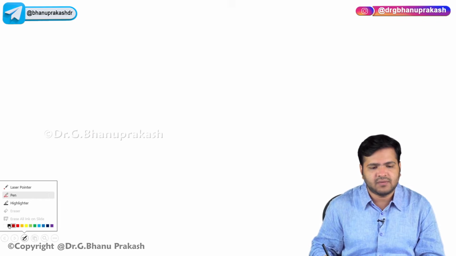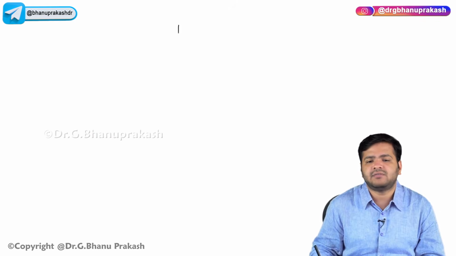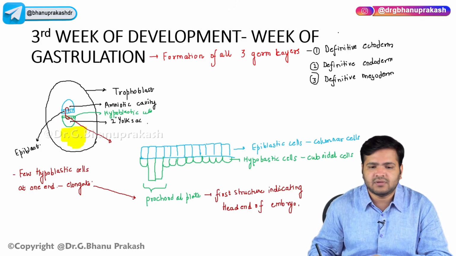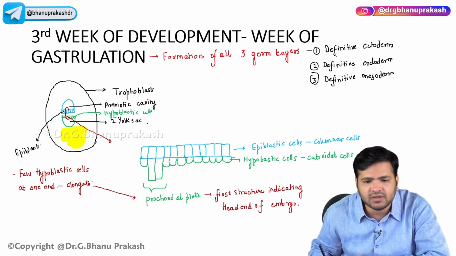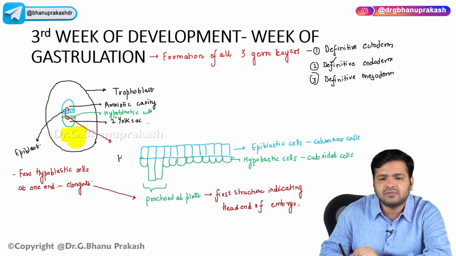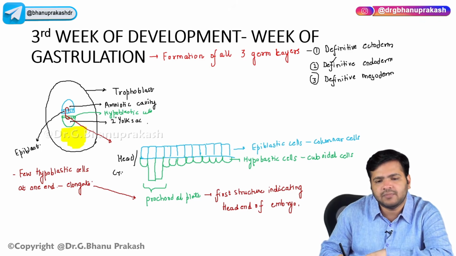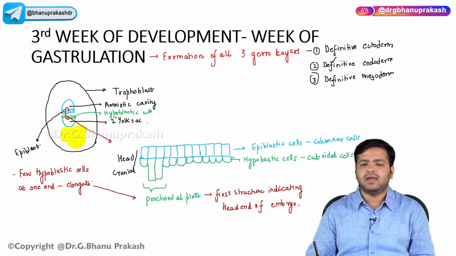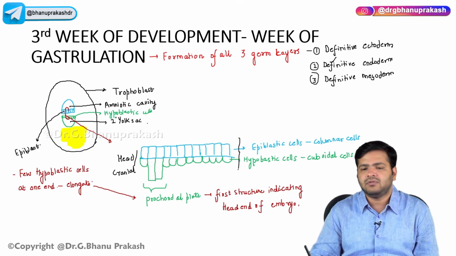Try to draw it in the form of a flow chart so it's very much clear what will happen next. Now the epiblastic cells. Now let us suppose this is the head end or the cranial end of the embryo. And this side will be the tail end of the embryo.